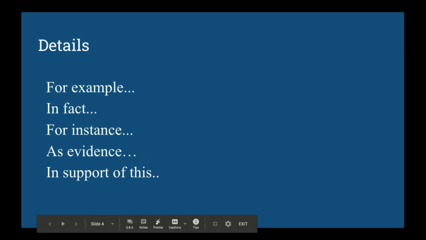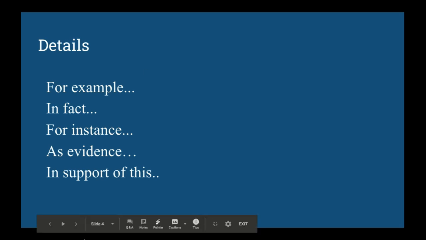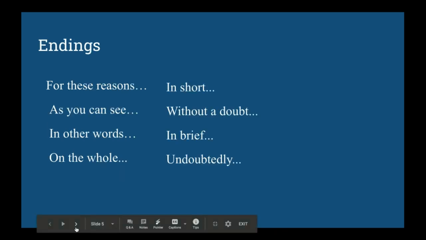In fact, teaching art helps children learn how to be creative and process their emotions. For instance means like for example. As evidence, and then that's where you put in something that supports your opinion. As evidence, in a survey done by schools, they found that blah, blah, blah. In support of this, we should have art classes.